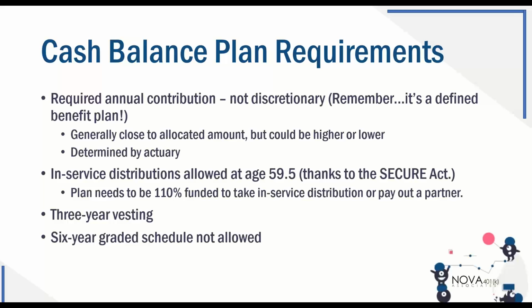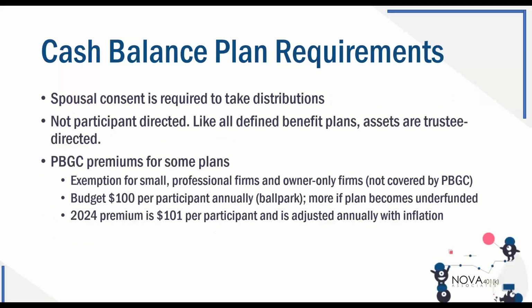There is a requirement for at least a 3-year vesting. You can't use the 6-year graded like you do in the DC plan. You do need spousal consent to get distributions over $7,000. There's no participant direction. It's all trustee directed.